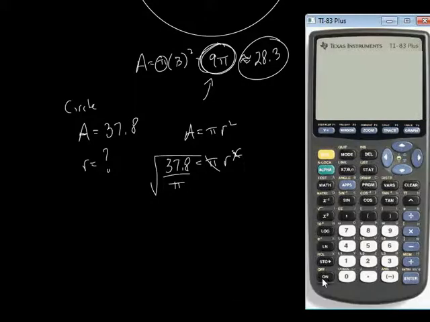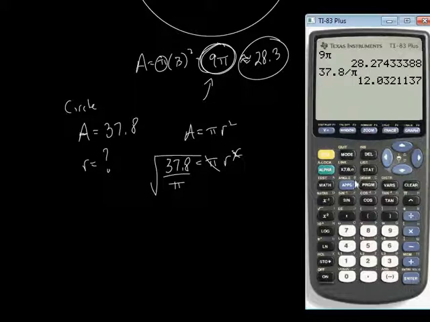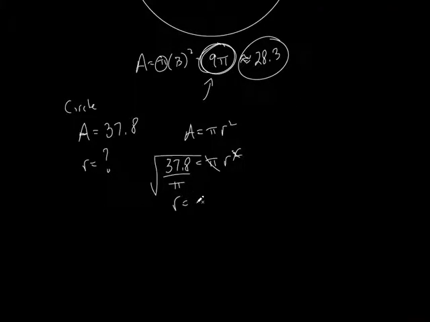So it's 37.8 divided by pi right there, hit equals, and then take the square root of that answer, and then that gives you 3.5 approximately. So R is approximately 3.5.